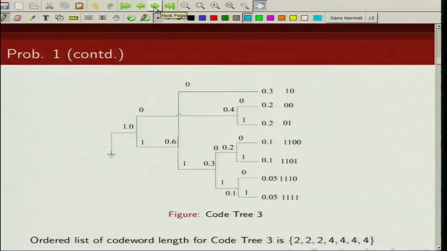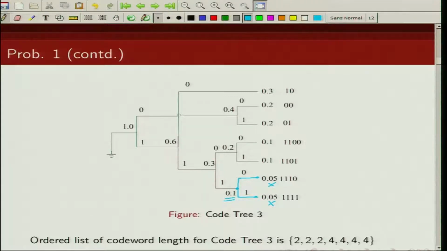Now let's look at another way of combining these nodes. Again we start off with these two nodes which have the least probability. We combine them, create a new node which has probability 0.1. We deactivate these two nodes.